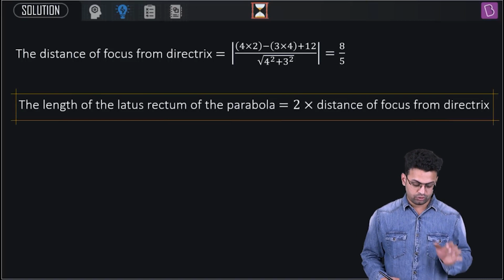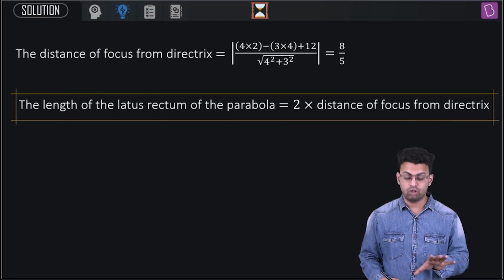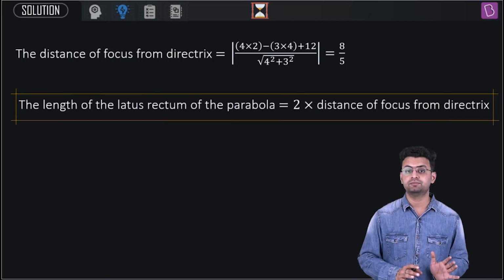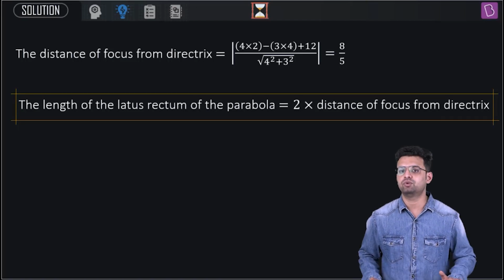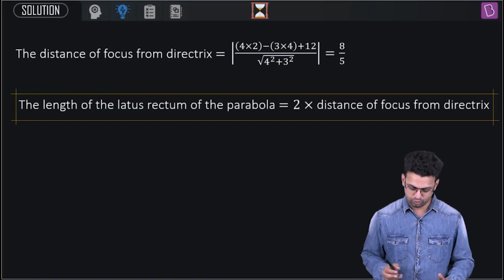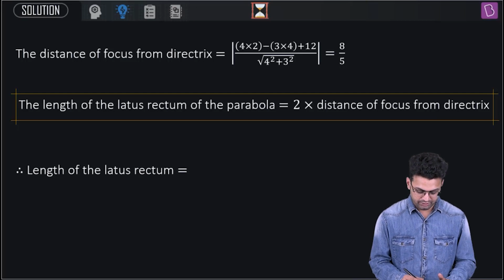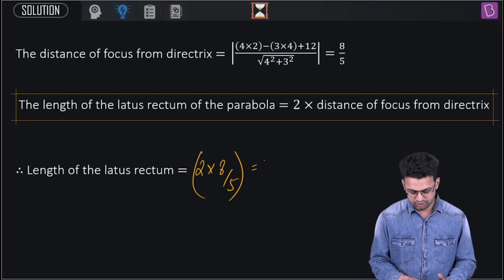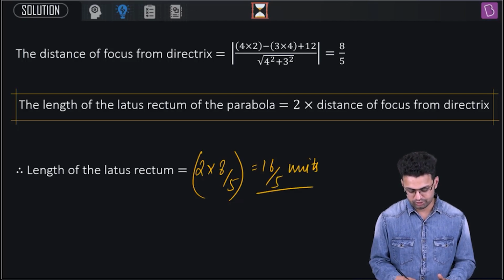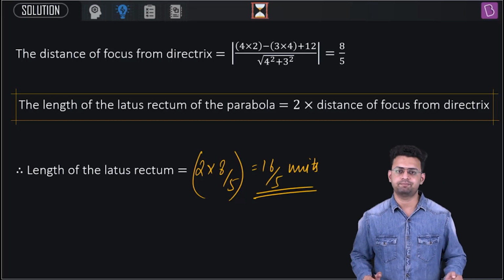So the length of the latus rectum of any parabola is 2 times the distance between focus and directrix. So the length of the latus rectum is going to be 2 multiplied by 8 upon 5. This will give me 16 upon 5 units. This is what the length of the latus rectum is going to be.